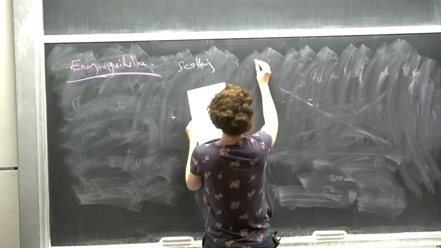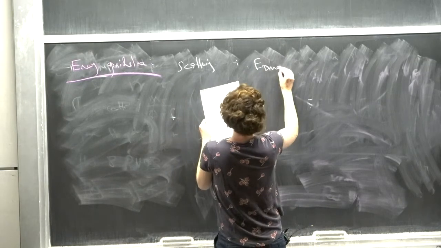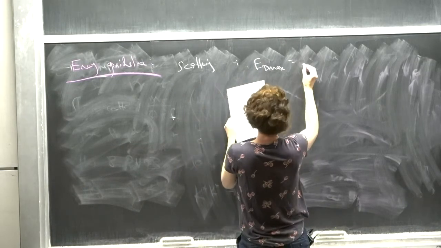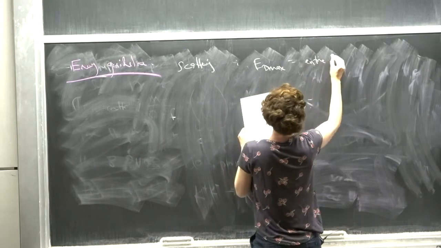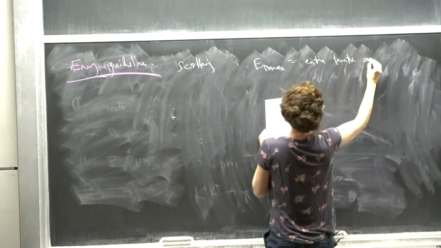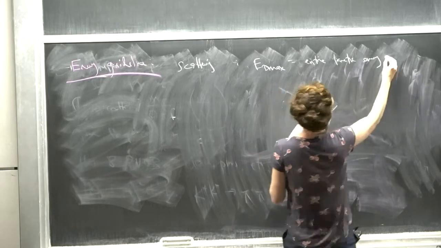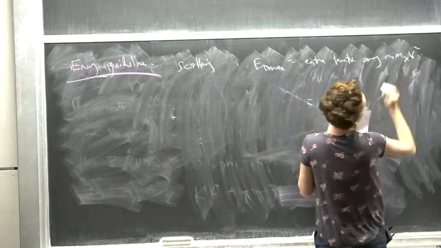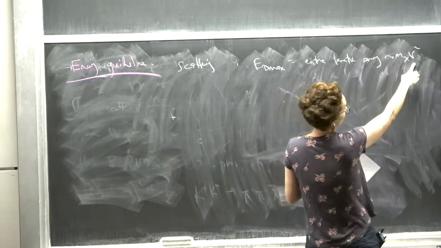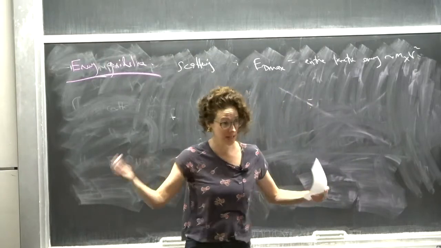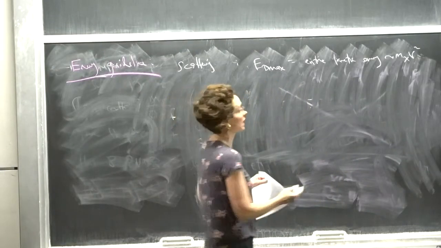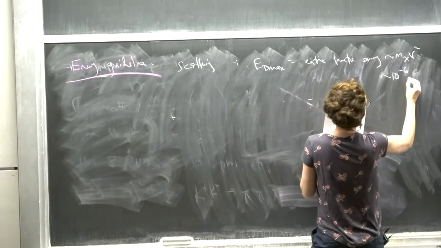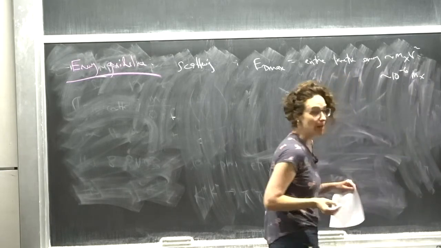And so the maximum deposited energy would be its entire kinetic energy. Okay, kinetic energy, of course, scales like the mass of dark matter times velocity squared. Velocity, I remind you, is ballpark 10 to the minus 3 in units of the speed of light. And so this is roughly a factor of 10 to the minus 6 times its mass.